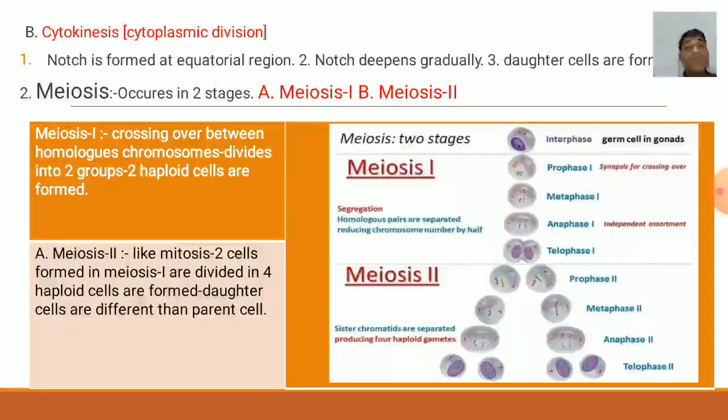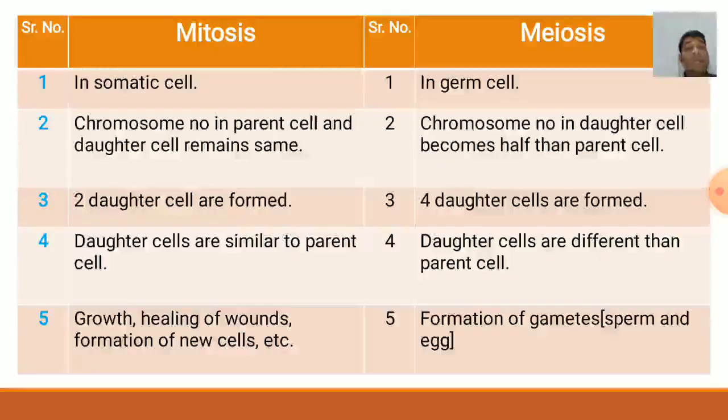We studied both types of cell division, meiosis and mitosis. Now we are going to study the differences between mitosis and meiosis. Mitosis occurs in a somatic cell. Meiosis occurs in a germ cell.